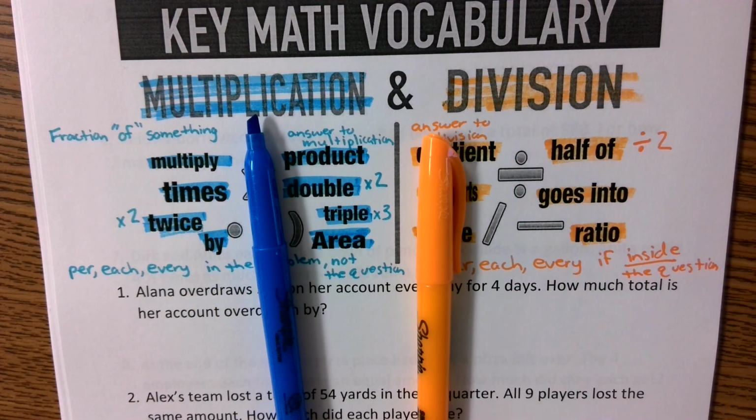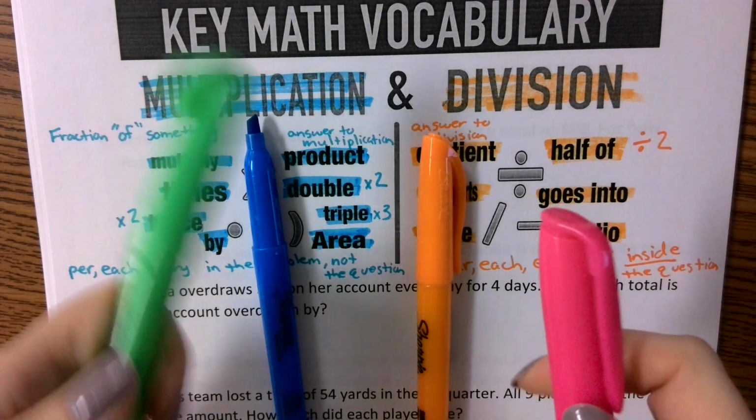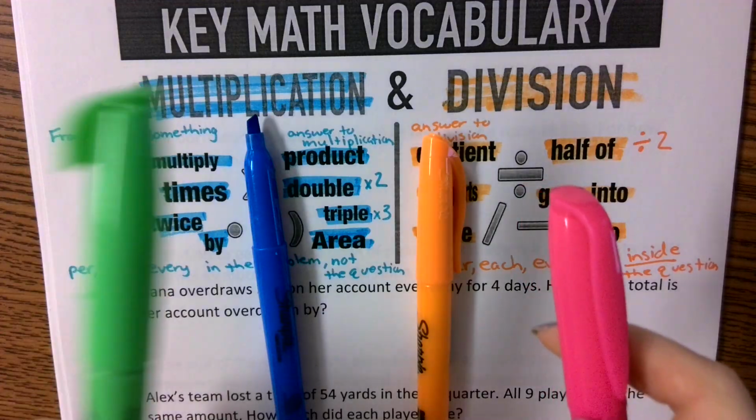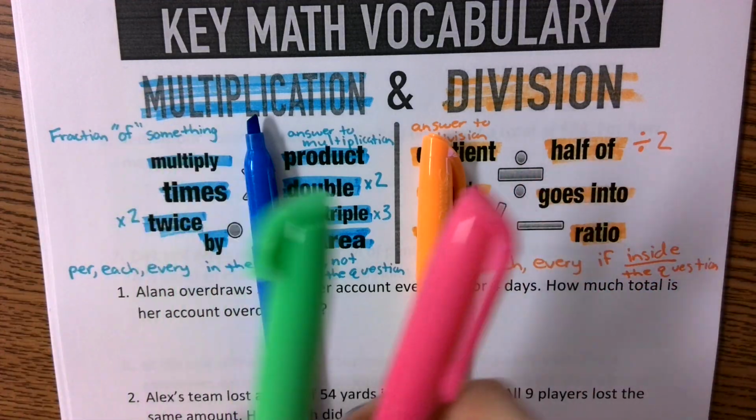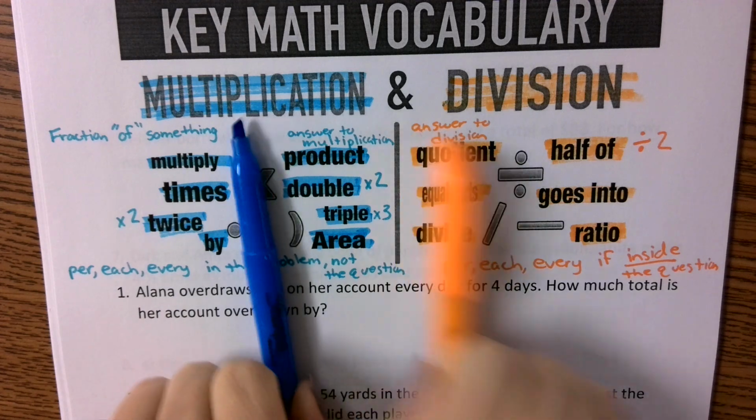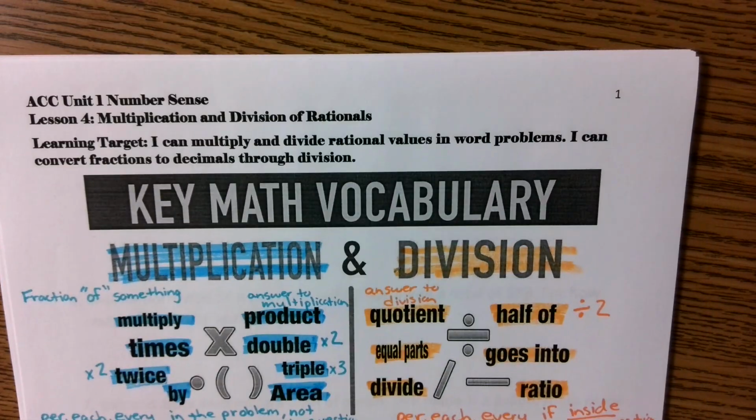And then you're going to want your pink and green highlighters. Green to highlight if we are talking about a positive integer, pink to highlight if you're talking about a negative integer.